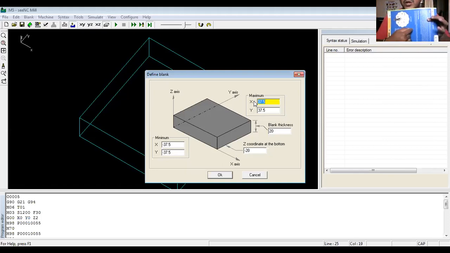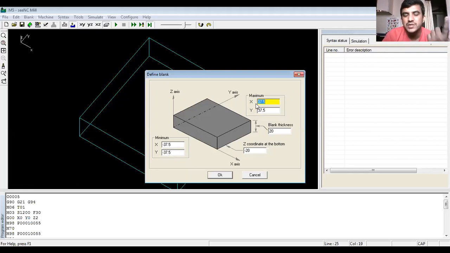Take the right hand thumb rule. From this center, the maximum X value is how much? Total it is 75 mm, divided by 2 means 37.5 X value. Y value also 37.5. Minimum is negative X and negative Y direction. That's a minimum value of minus 37.5 and minimum value Y is minus 37.5.